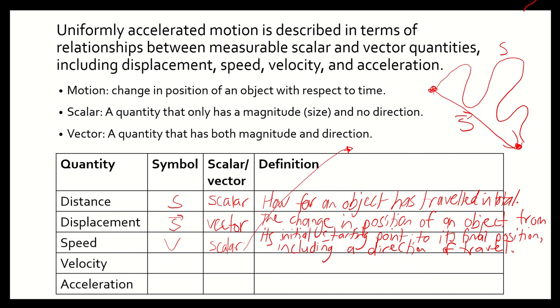If you think about speed, you think about how fast an object is traveling, but a physics definition for speed would be something like the distance traveled of an object over a given amount of time.